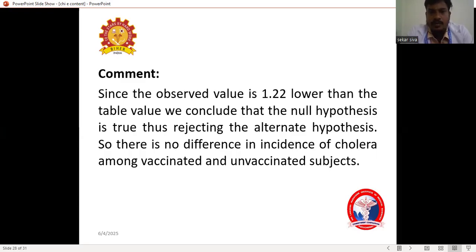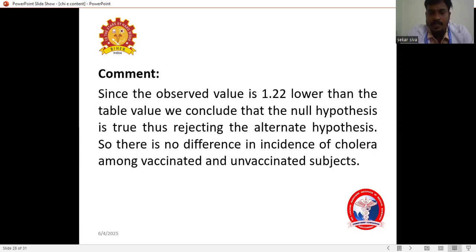Next step, you have to find the degree of freedom. For a 2 cross 2 contingency table, it is 1 degree of freedom because there are 2 rows and 2 columns, 2 minus 1 into 2 minus 1 will be 1. For 1 degree of freedom at 5% level of significance, the table value is 3.841. It cannot be changed.